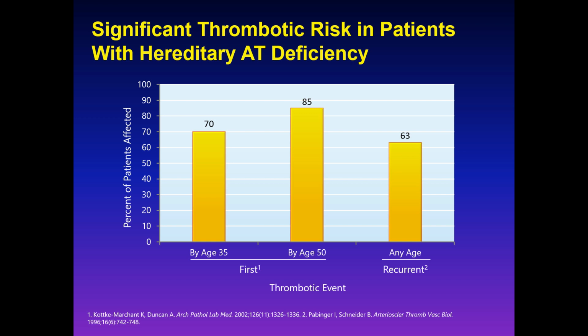And as importantly, recurrence or having a subsequent clot happens in at least 63% of patients. So almost 2/3 of patients will have another clot. And that helps us really decide which patients should stay on long-term anticoagulation, meaning lifelong anticoagulation, even after their first VTE episode.